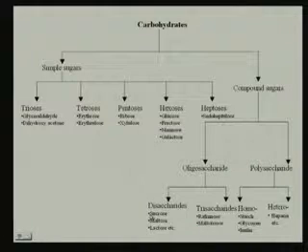Disaccharide means 2 sugar moieties are joined together, like sucrose, maltose, lactose and so on. While talking about trisaccharides, examples are raffinose and maltotriose, that means 3 sugar moieties are linked together. While talking about polysaccharides, here n number of sugar moieties are connected together.